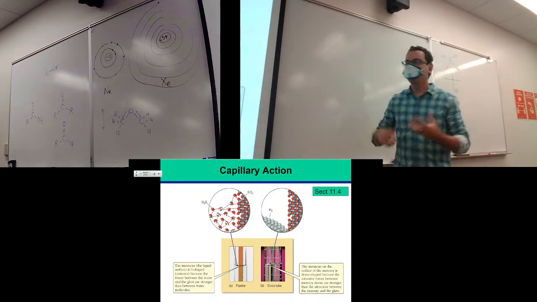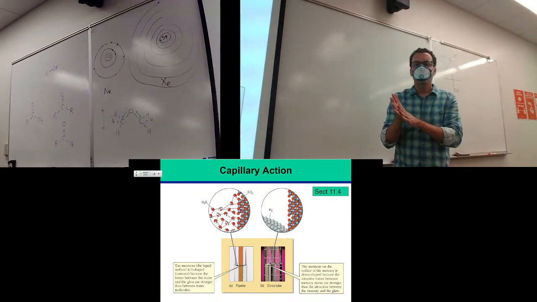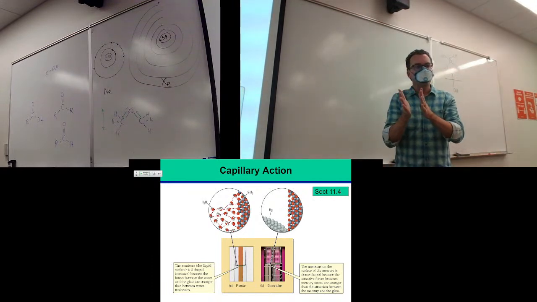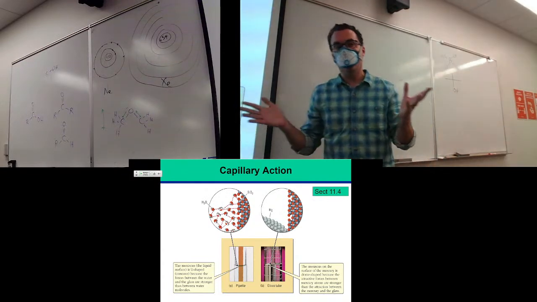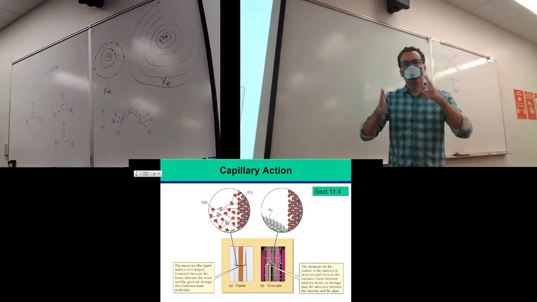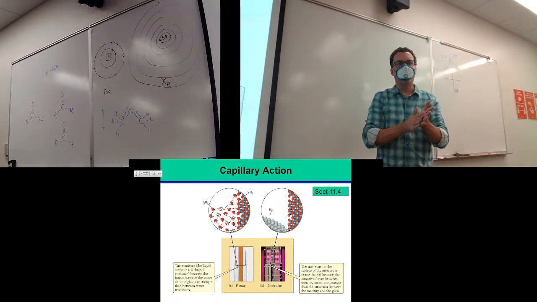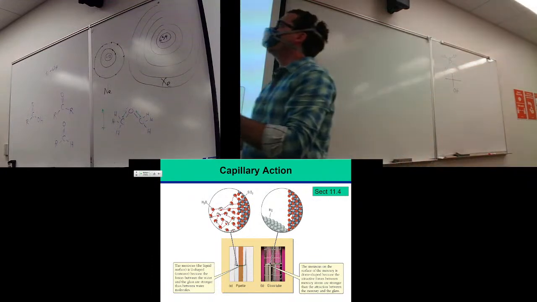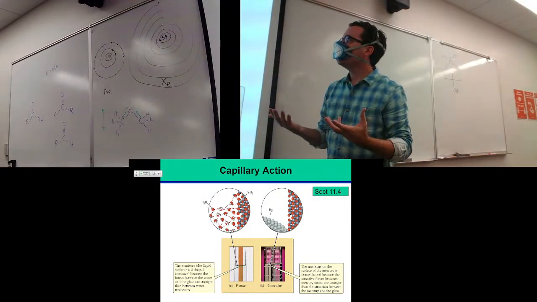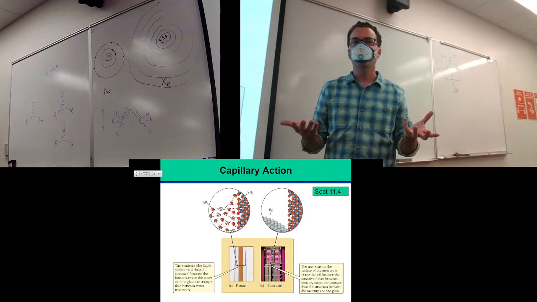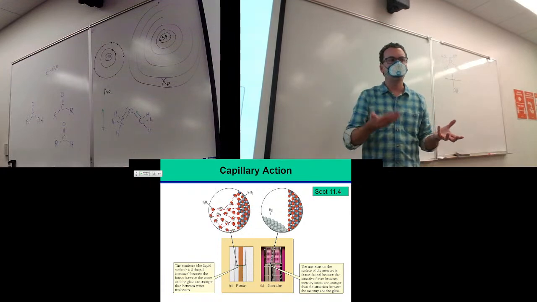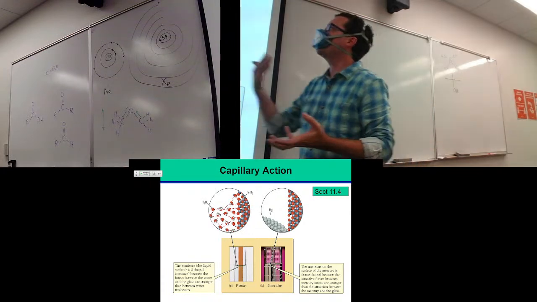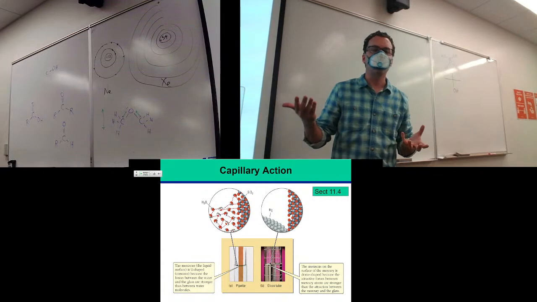If you look at the surface of glass, the exposed part is a bunch of oxygens, usually oxygen anions in that case. So glass surfaces have a large negative charge on them. If they've got a large negative charge, something that is polar would probably be attracted to that. The partial positive side of water is going to be attracted to that negative charge on the glass surface.